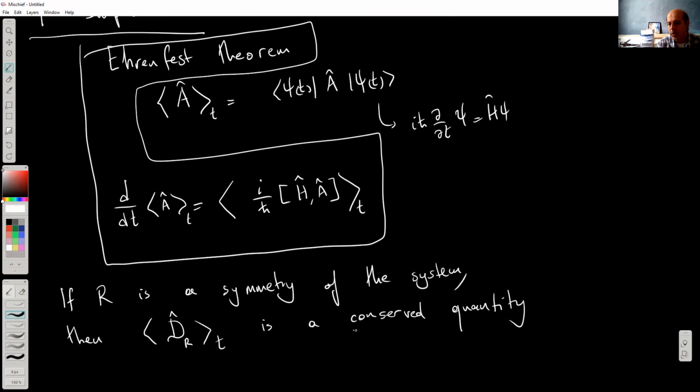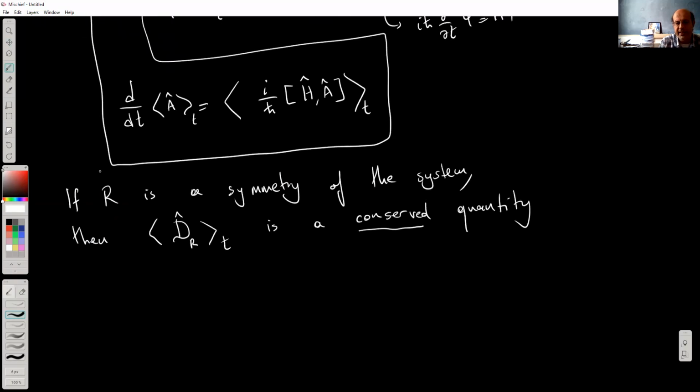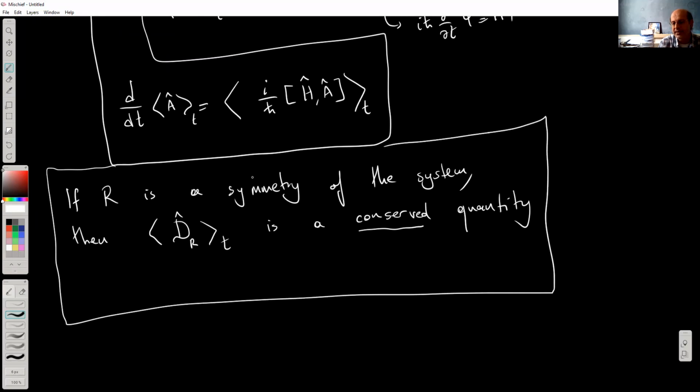We usually do not use it like this, but in any case, this is one thing that you can state. So that's the first implication of symmetry: it implies conservation laws.